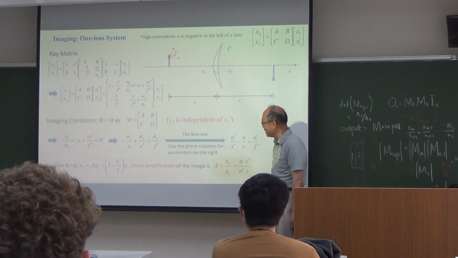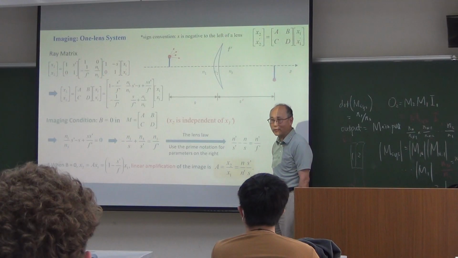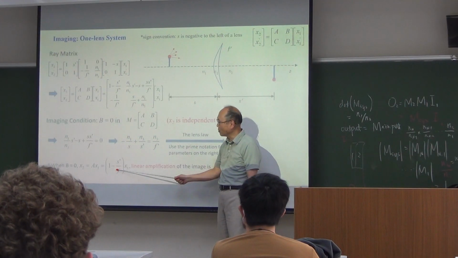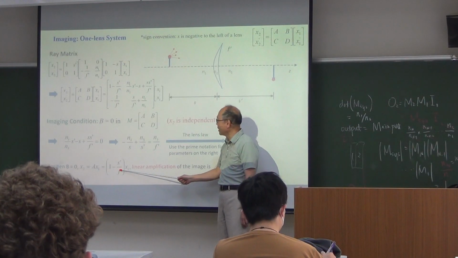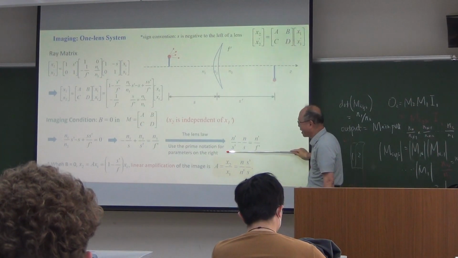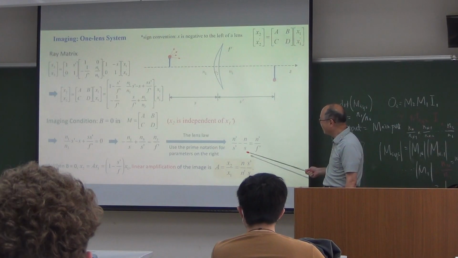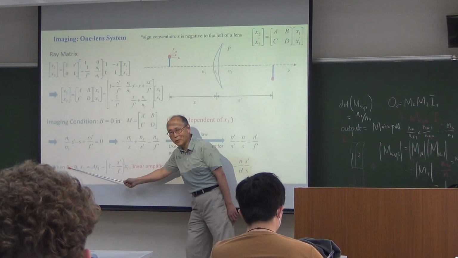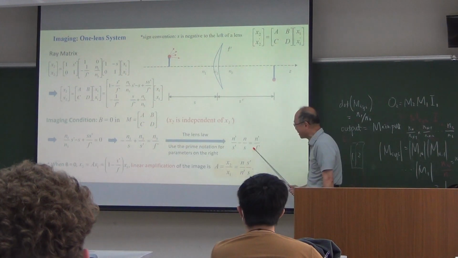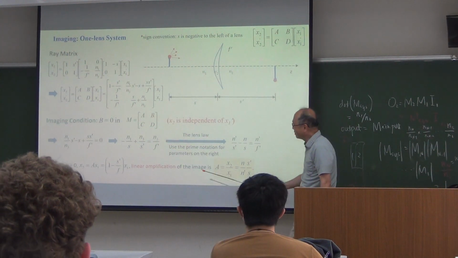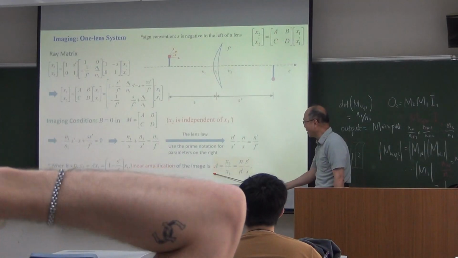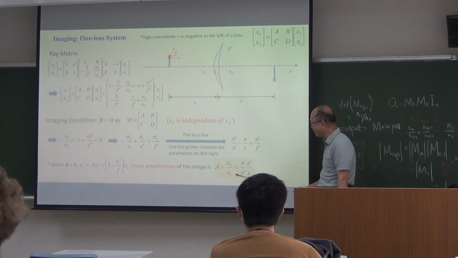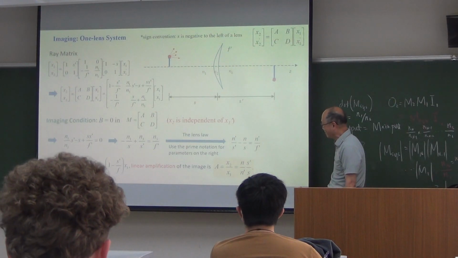We call this the linear amplification of the image. This can be larger than 1, can be less than 1. But then you have the image condition right here. If you put this image condition into this, because b has to be equal to 0, then you end up having x2 over x1, the linear amplification, equal to this.